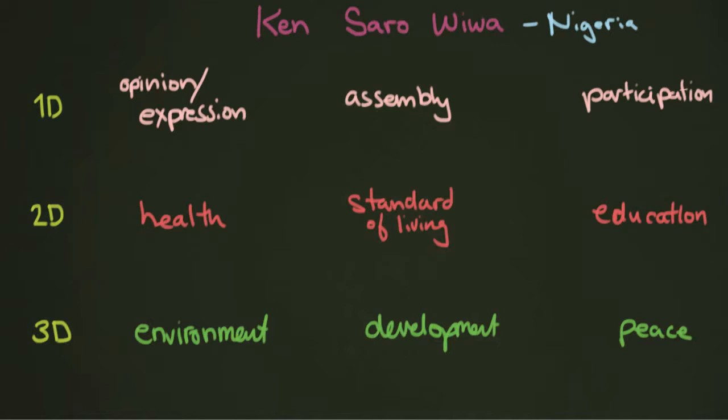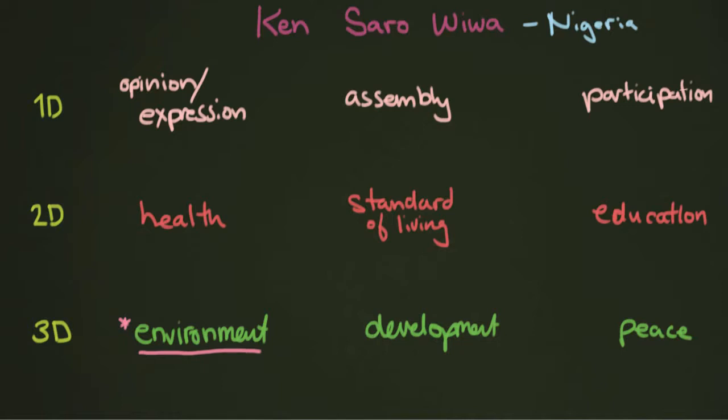Ken was born in the Niger Delta, where the river meets the Atlantic, and it's a very big oil-producing area. And in his lifetime, oil companies came in and really changed the environment there, and not necessarily in a good way. It's one of the places where pollution is the worst on the planet.